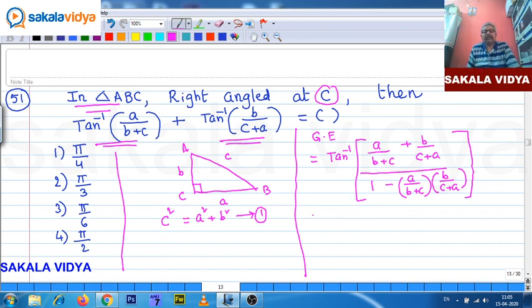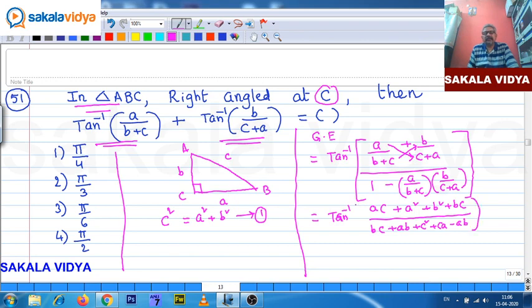Now this equals tan inverse of: here a into c plus a and b into b plus c, that is ac plus a square plus b square plus bc. Here the LCM will be b plus c by c plus a, and it gets cancelled. Upon b plus c into c plus a into 1, that we can write as bc plus ab plus c square plus ca, minus ab.